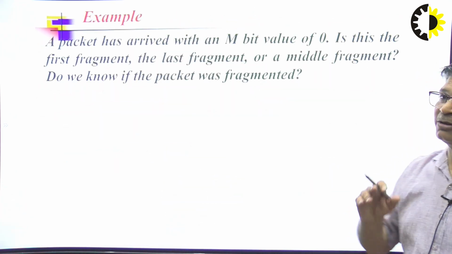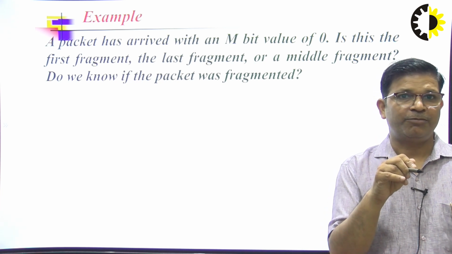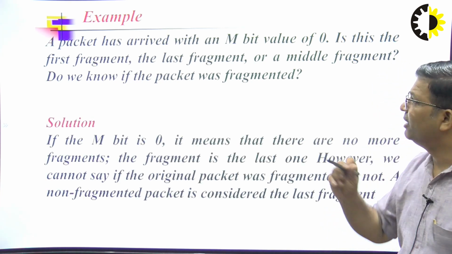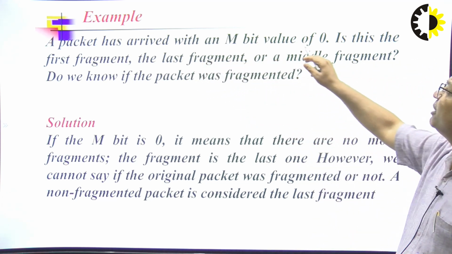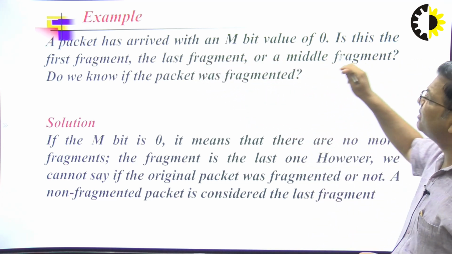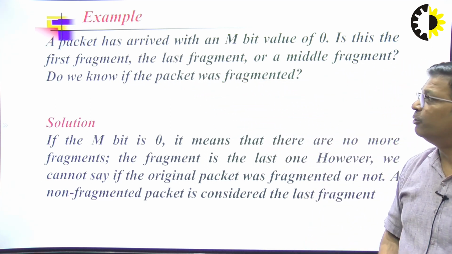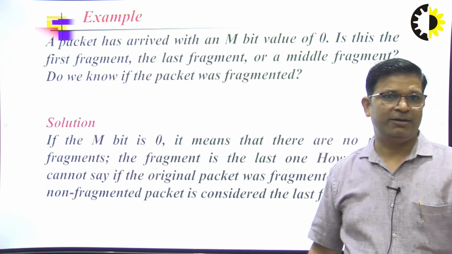The next question is about the 3 bits: first bit unused, do not fragment, and more fragment. If the packet has arrived with the M-bit value of 0, is this the first fragment, the last fragment, or a middle fragment? Do we know whether the packet was fragmented or not? Let's see.